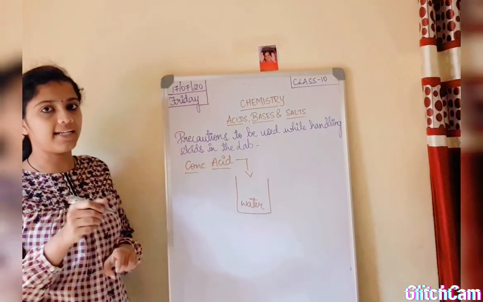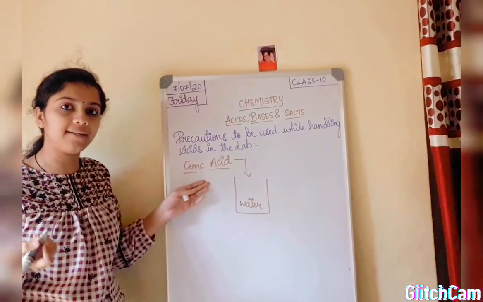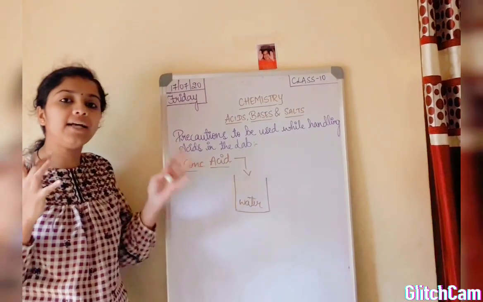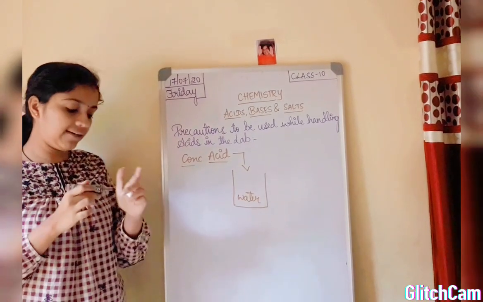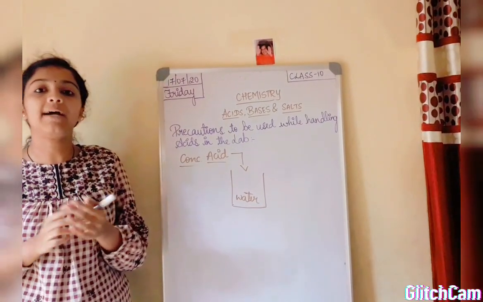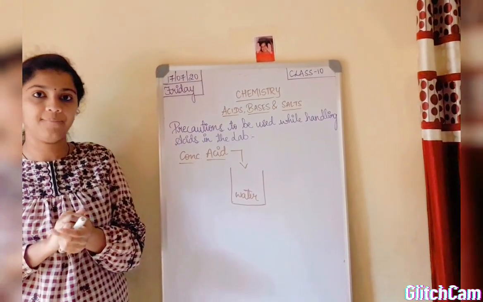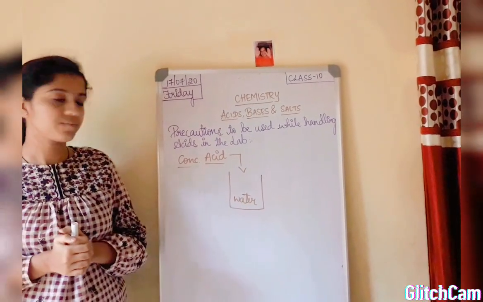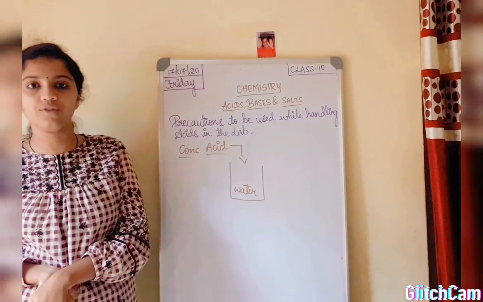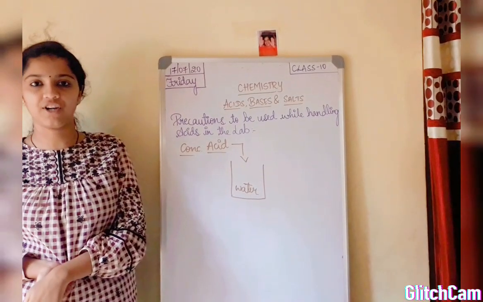If water is added to concentrated acid, then the beaker will get too much heat and the beaker might even blast, which might cause burns on your hand. Therefore concentrated acids only must be added to water. So these are the precautions to be used while handling acids in the laboratories.